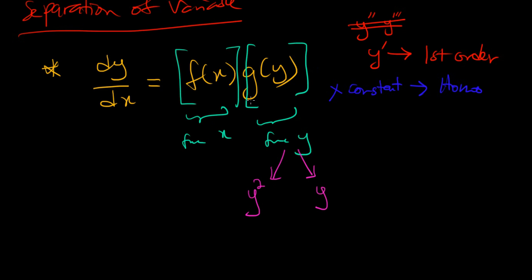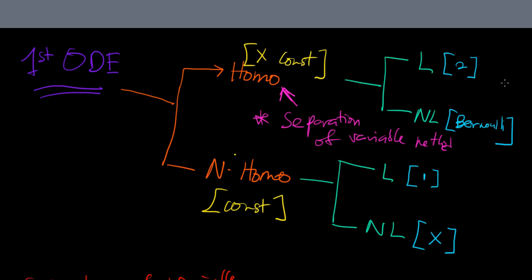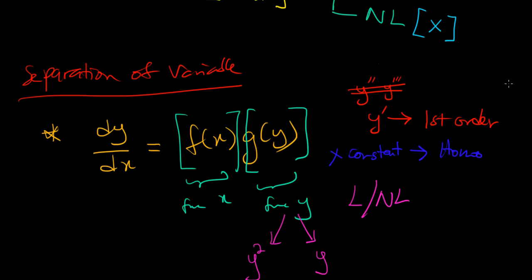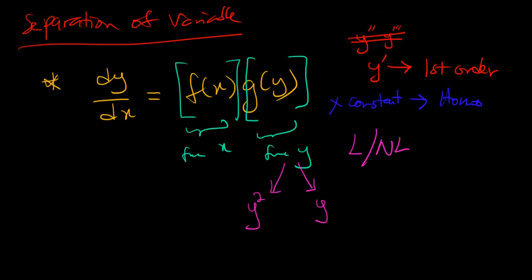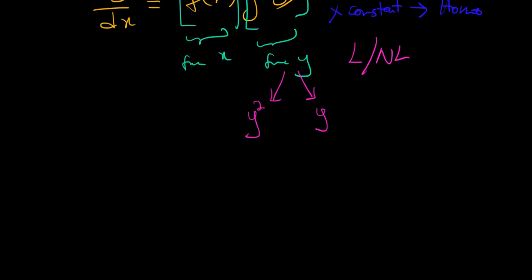If you have only y, the whole equation will be linear. So linear or non-linear, just like what I taught you before. Homo, no constant, linear or non-linear, and this whole thing is first order. We are discussing first order, of course.